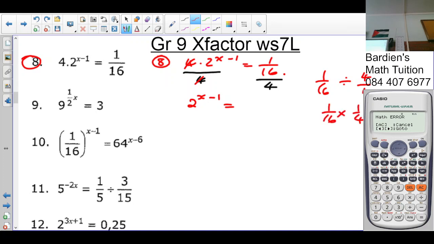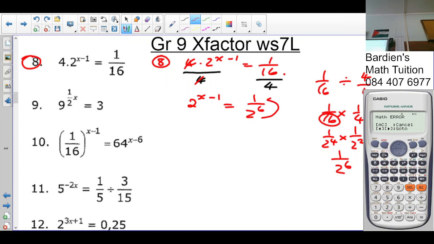Now 16 is 2 to the 4, times 1 over 2 squared. You all agree with that? Now 1 times 1 is 1, and 2 to the 4 times 2 to the 2 is 2 to the 6. So that is 1 over 2 to the 6.